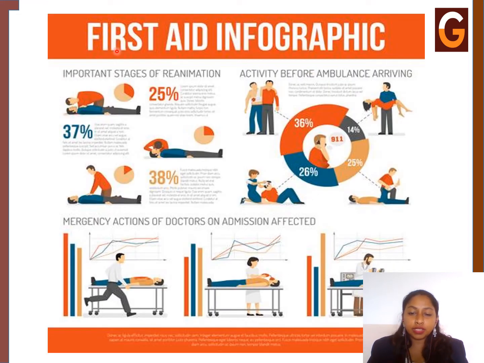Let's start with the first aid infographics. There are three different stages given, and three different situations with different circumstances.